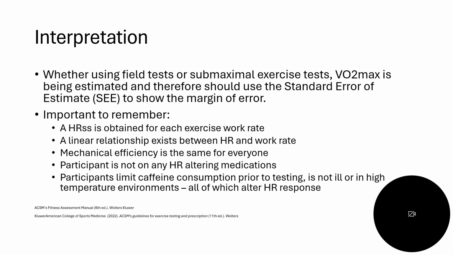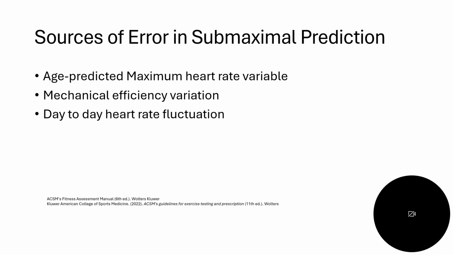The participant limits caffeine consumption prior to testing, and he or she is not ill or in high temperature environments, all of which can alter HR responses. Some sources of error in submaximal prediction are age predicted maximum heart rate variability, the mechanical efficiency variation, and the day-to-day heart rate fluctuation. These are all considered errors.